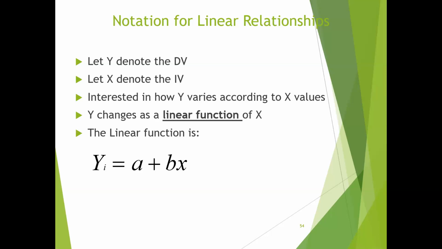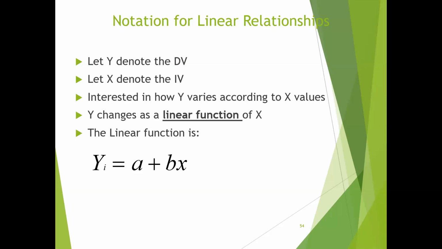That linear function is this: Y sub i, for each individual, is said to be a function of a plus bX. That's the formula for a linear regression, and I'm going to walk you through exactly what that means.